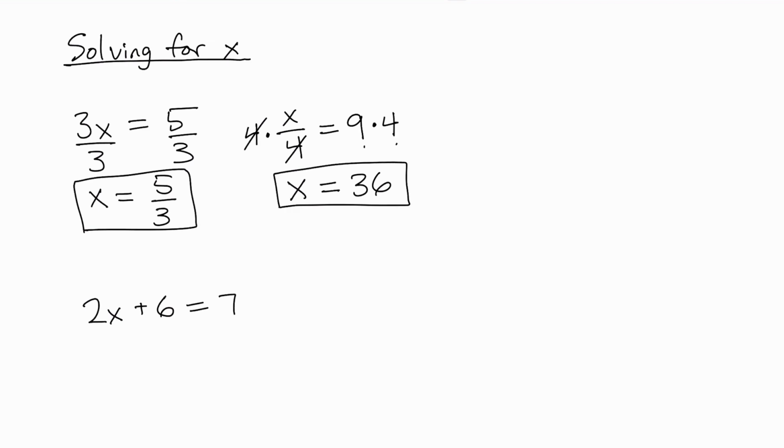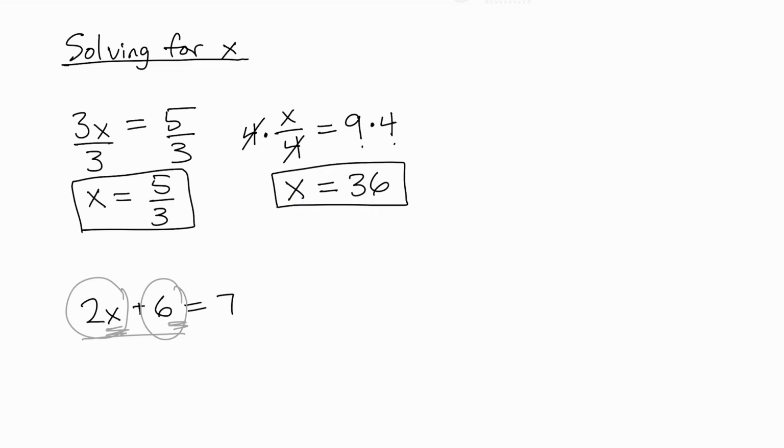For reference, 2x is a term, 6 is a term, and 7 is a term. So on this left side, 2x has an x in it, but 6 doesn't have anything to do with x. So we need to move 6 first.